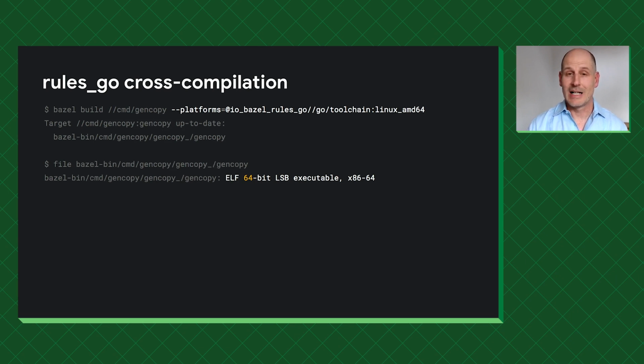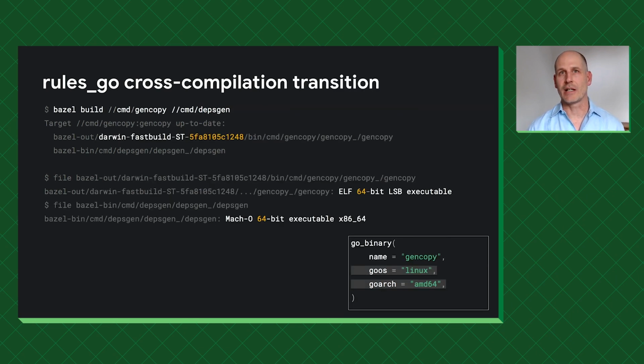If I add the --platforms equals label pointing to some platforms rule, then I get a cross-compiled binary that's compatible with Linux. This in itself is rather remarkable, but what if I don't want to compile everything for the same platform all during one build command? What I can do in this case is remove the --platforms flag and use the goos and goarch, apparently that's how they're called, flags, and move those into the Go binary itself.